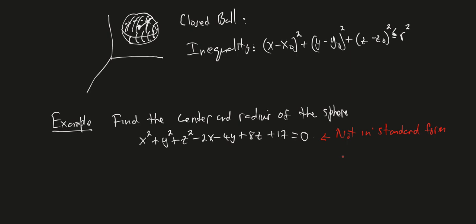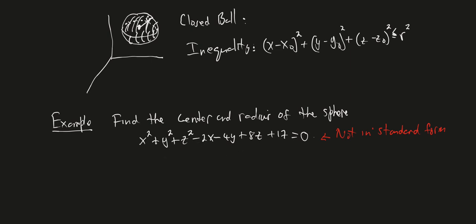And the trick from algebra that we need is to complete the square. But we have to do it 3 times: for the x, for the y, and for the z terms. So here is the process. The first thing we're going to do is take the constant term and move it to the right. So we're going to move the plus 17 to the right and make it a negative 17.